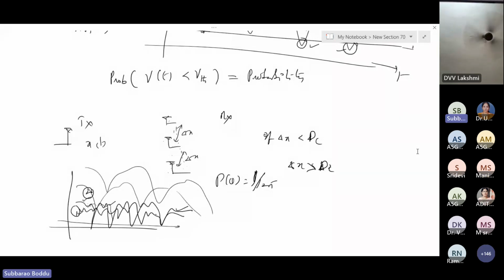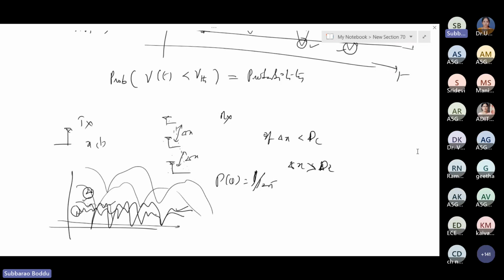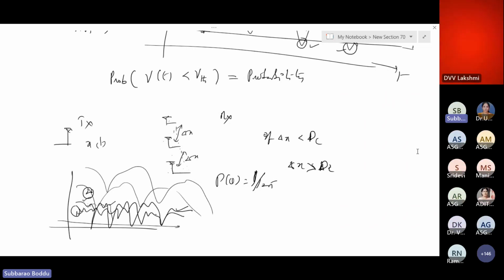Actually, when you are designing an antenna, you have to calculate for each antenna spacing. You have to consider these parameters and calculate the diversity gain. In spatial diversity gain, sometimes when you place more antennas, the diversity gain also goes down. It will decrease.